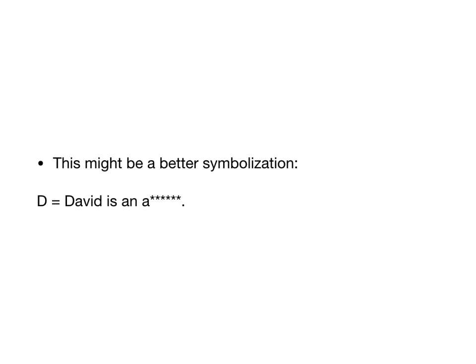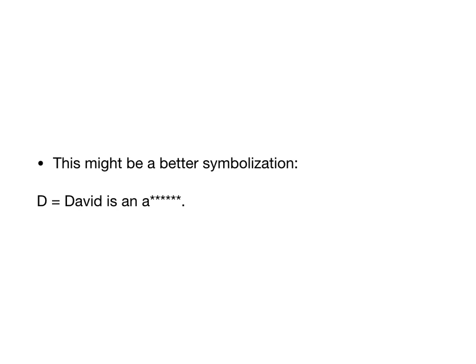A better symbolization here probably wouldn't use the not at all. A better symbolization might be D equals Dave is a real, well, you can fill it in. So just keep this in mind. Again, it's the same stuff we've been doing a lot of times: when we had to rewrite sentences to distill an argument, we had to figure out what the person meant, which is not always what they were saying.